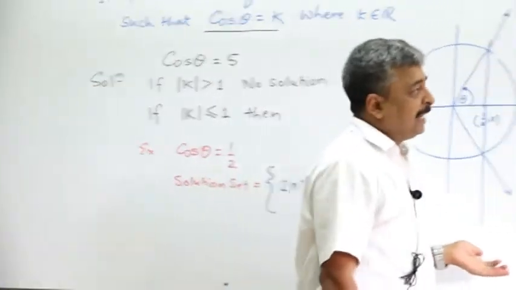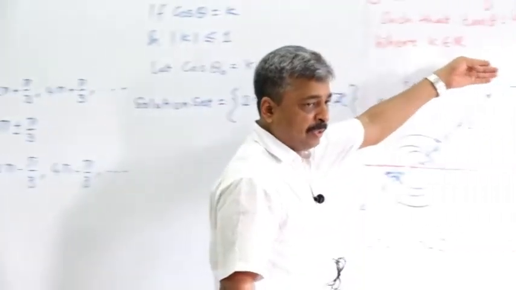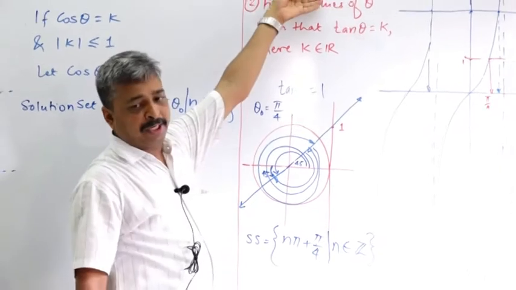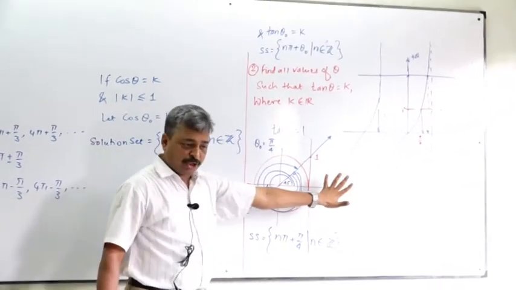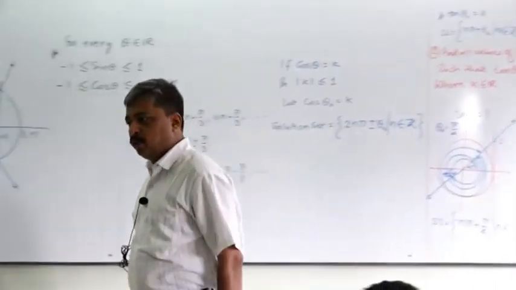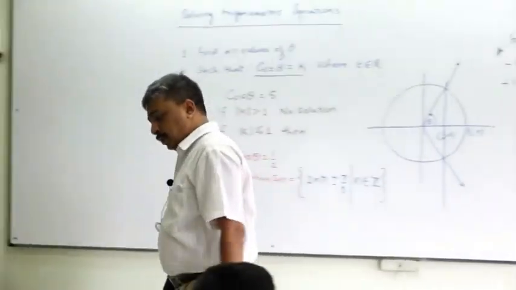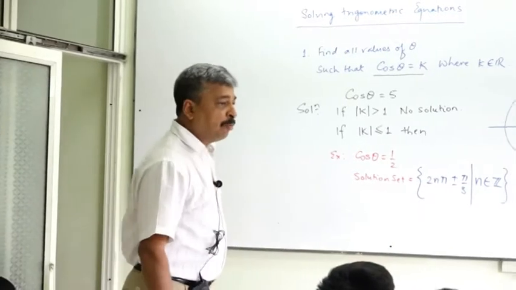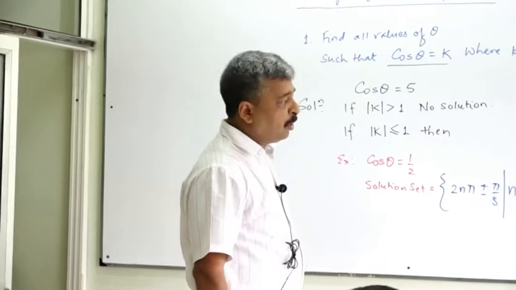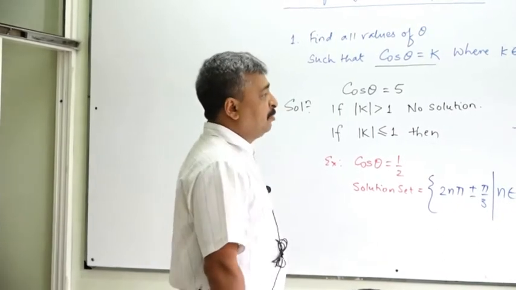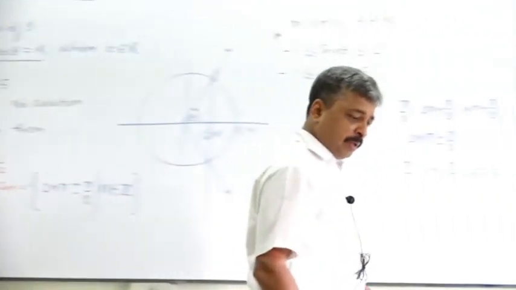The moment you get tan theta is equal to something, the next moment you should be able to write that this is the general solution set. We cannot afford to spend so much time while solving every problem. It is fine that we are understanding how to go about it. In case we forget, we can retrieve because we know how to find it out, but it is advisable to remember them.